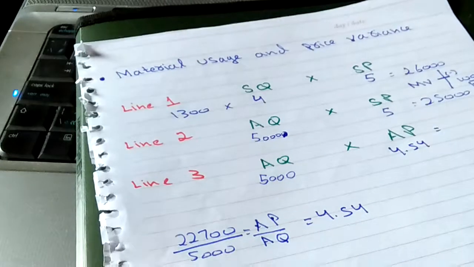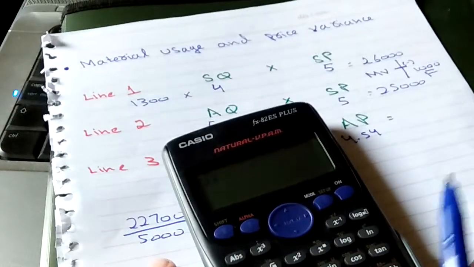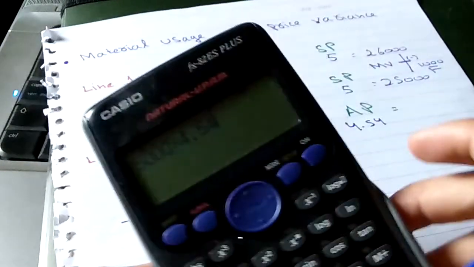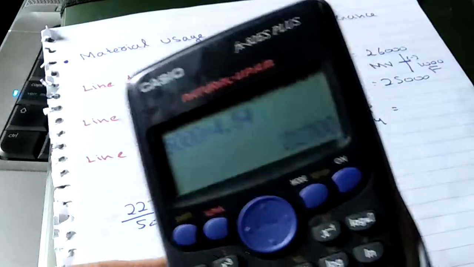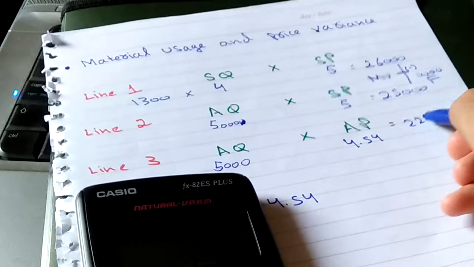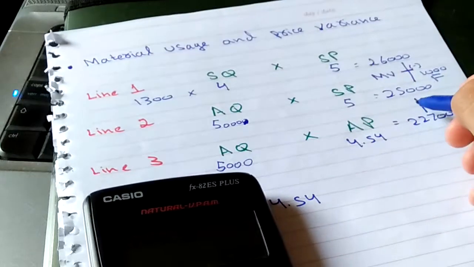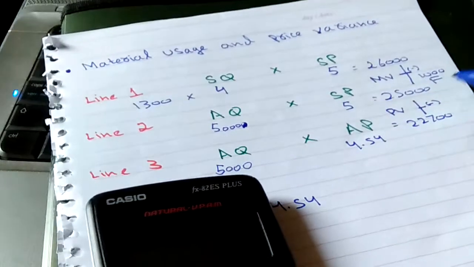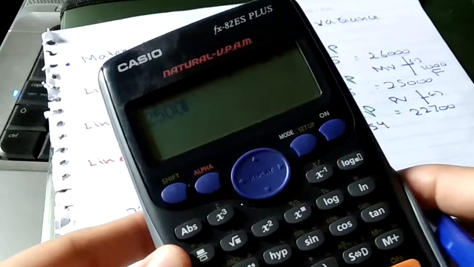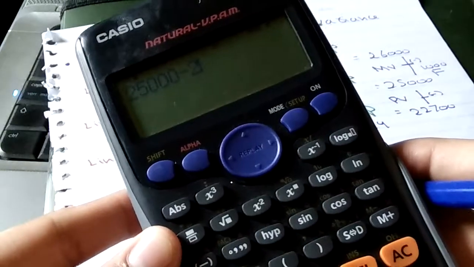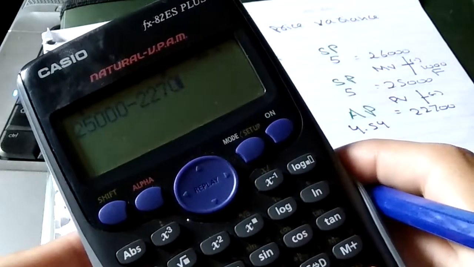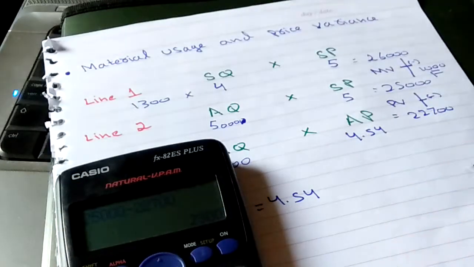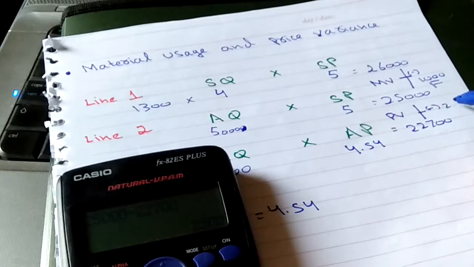So we are going to multiply this with 5,000. So 5,000 multiplied by 4.54, and we get 22,700. Now the difference between these two lines is the price variance, PV, and we are going to subtract this: 25,000 minus 22,700, and it comes to 2,300.